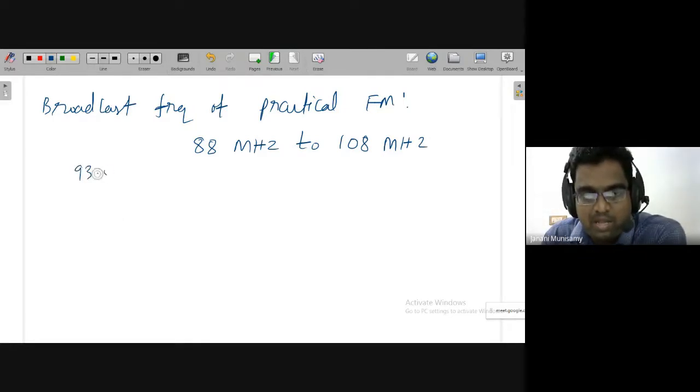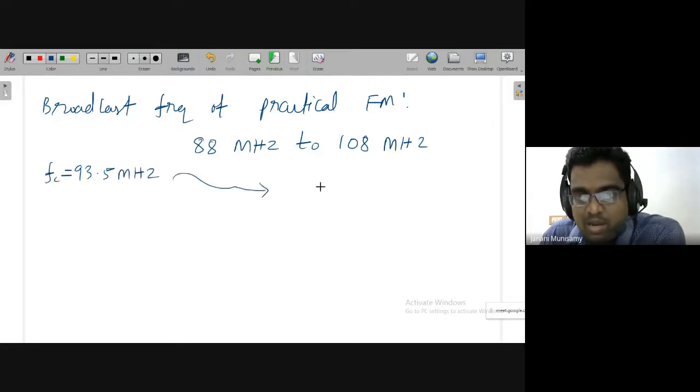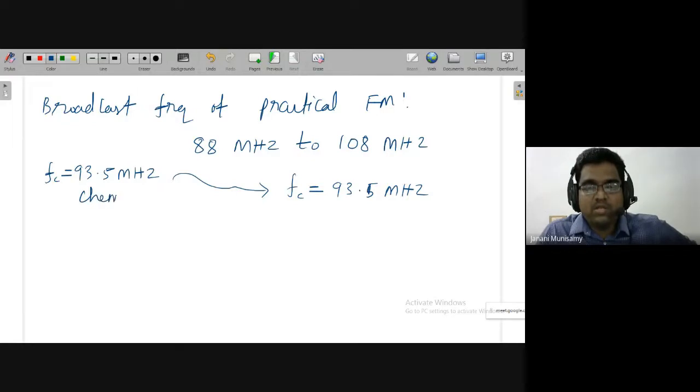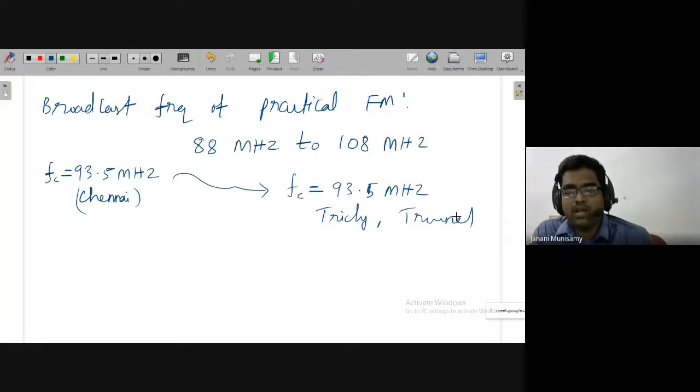If somebody is using 93.5 as the carrier frequency at Chennai, the same frequency can be reused at another place, but that place must be more than 150 kilometers away. That means the same frequency used at Chennai can be reused in another part of Tamil Nadu, maybe in Tiruchi or Tirunelveli. Only FM channels can be reused, but AM cannot be reused. That is a different concept, we will see it later.